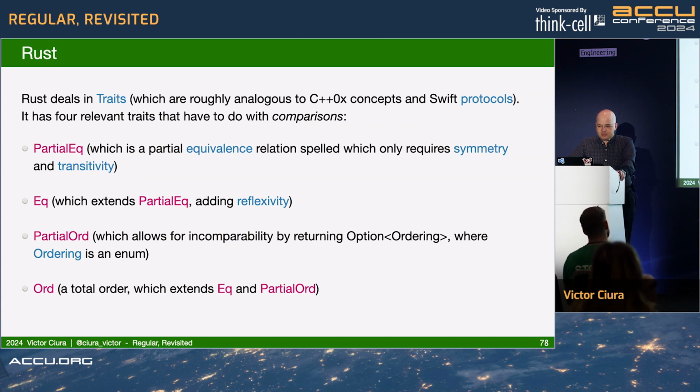And you can define the same kind of operations and conform to these protocols, or in this case on the slide, Rust traits. So again, partial ordering, again, should be familiar by now.